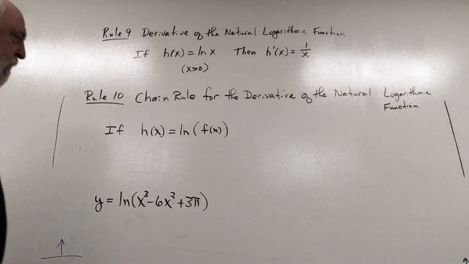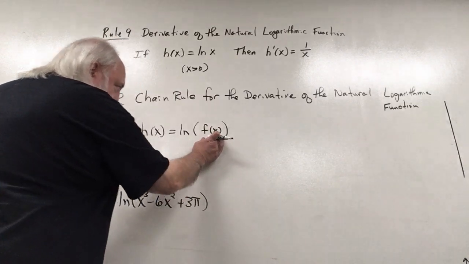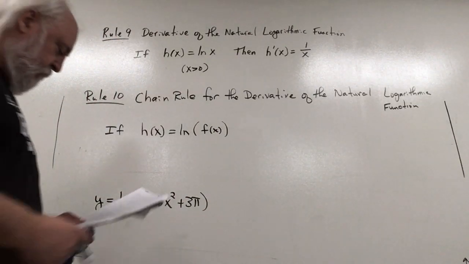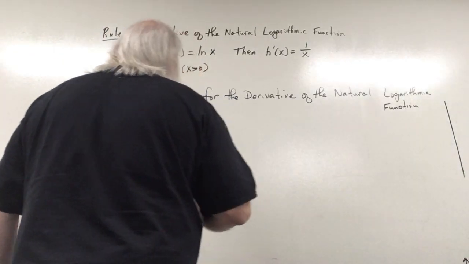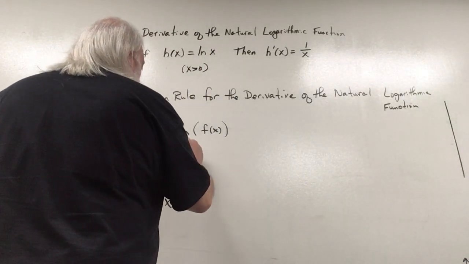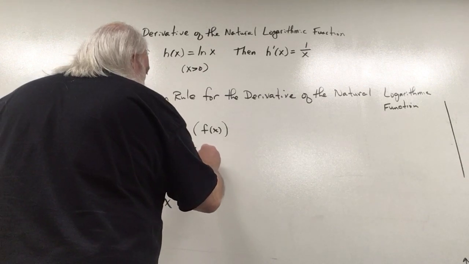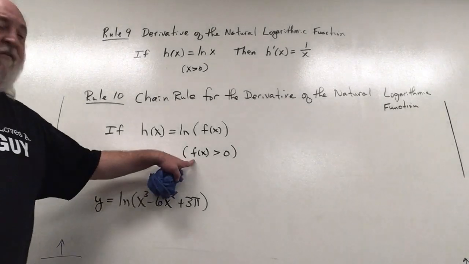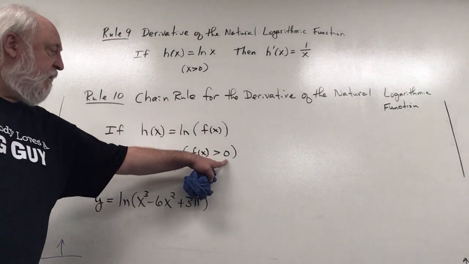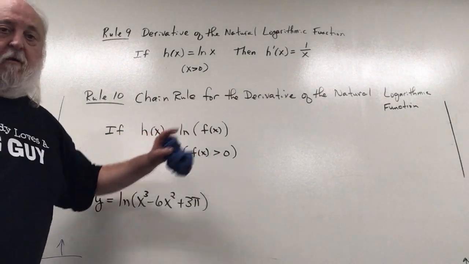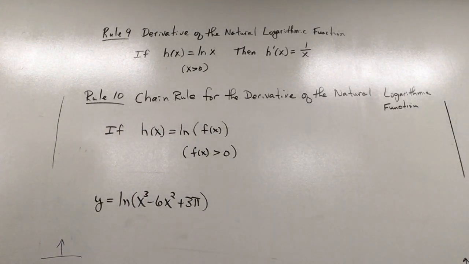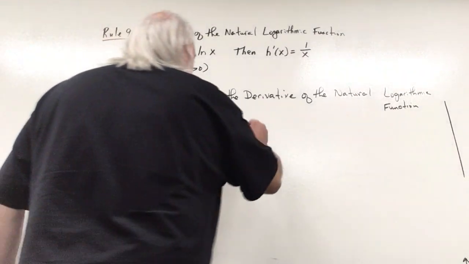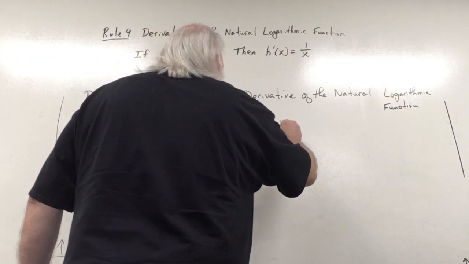So if h of x is the natural log of some algebraic expression involving x, f of x, and we have the condition that f of x has to be positive for all values of x, because you can't take the log of 0 or a negative number.